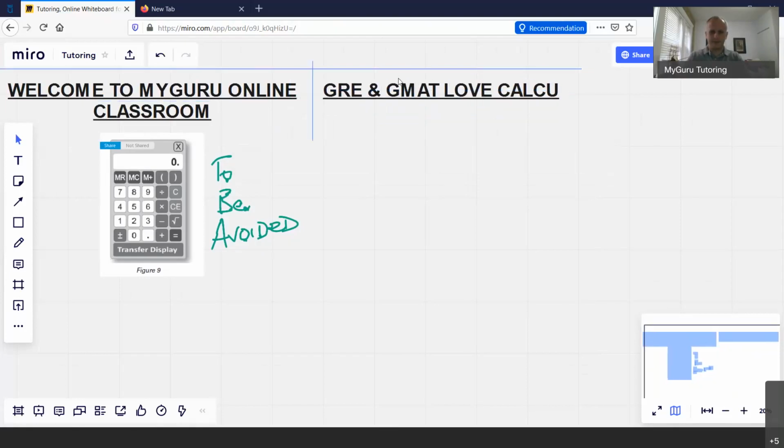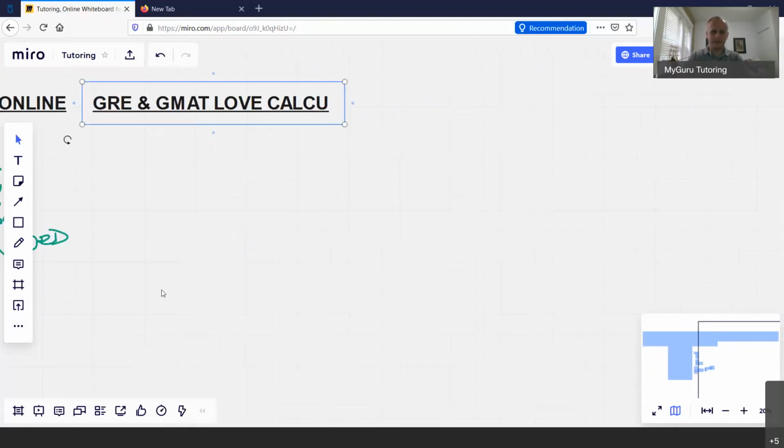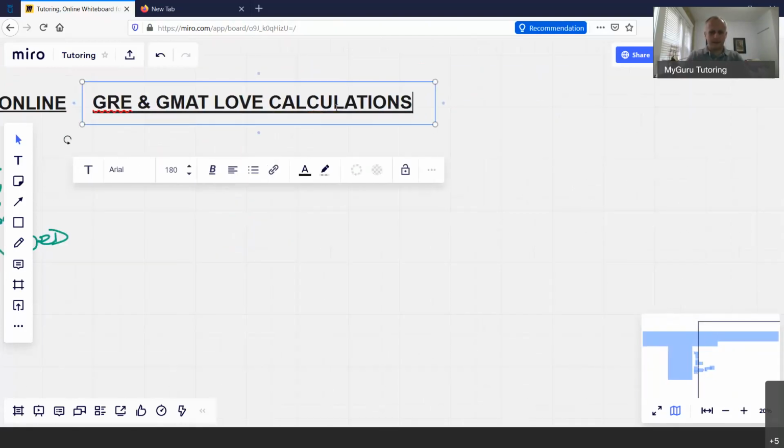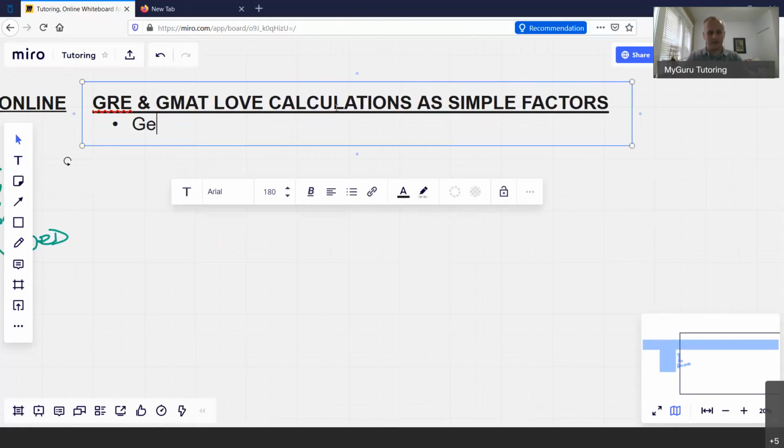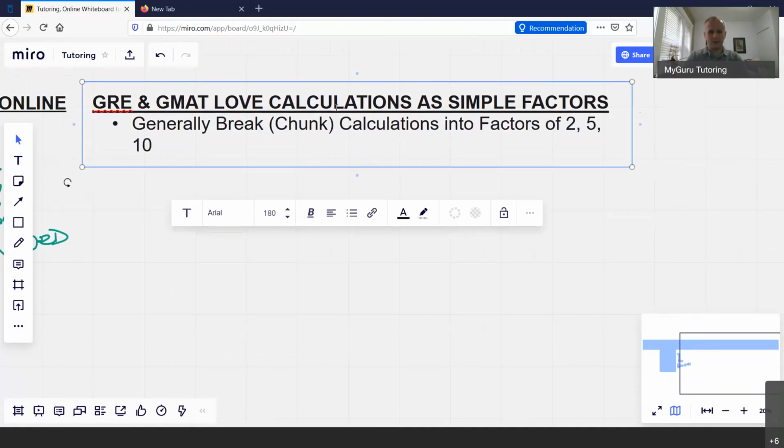So, generally, break or chunk calculations into factors of 2, 5, 10, 100. The exams really like these factors because we have 2 hands, 5 fingers, 10 fingers, and everything translates into percentages. That makes for easier calculations so that you can do mental math.